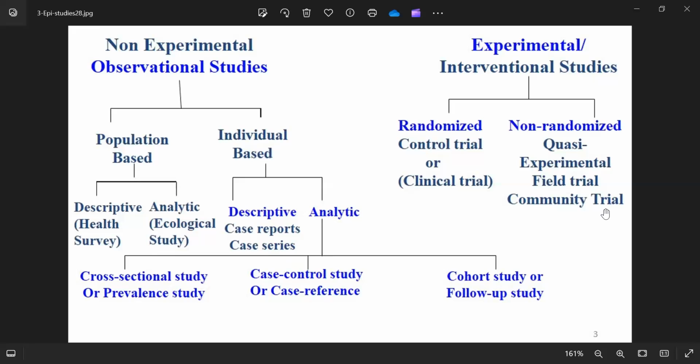Instead, the allocation of participants to different groups is based on factors such as patient preferences, those who are available, and other specific criteria set by the researcher. That's just what happens in non-randomized control trials.